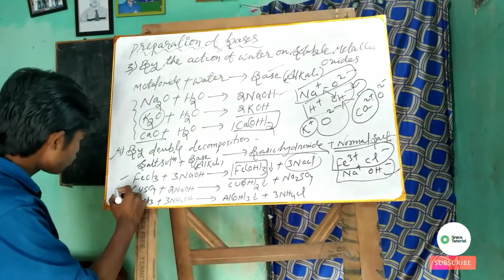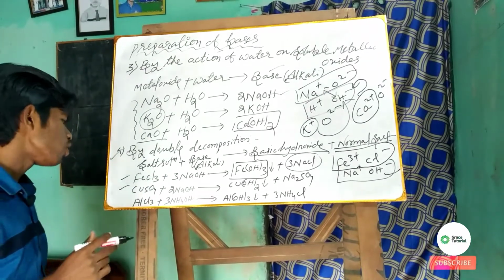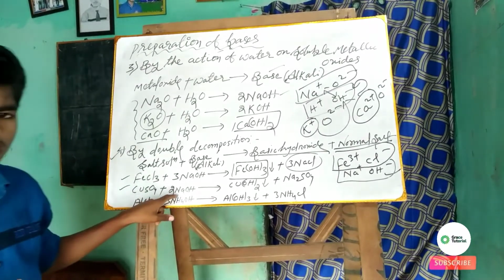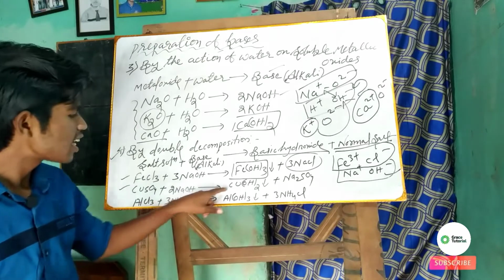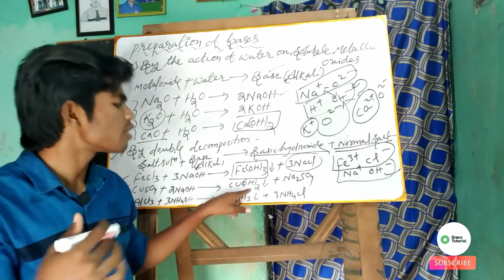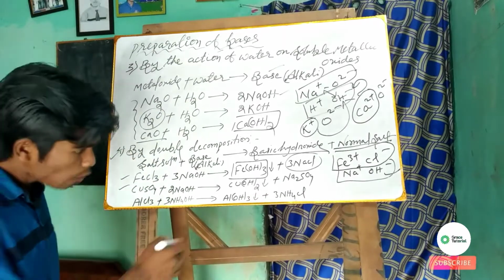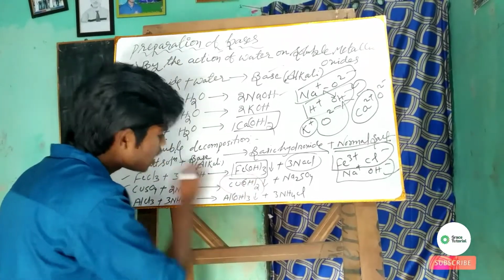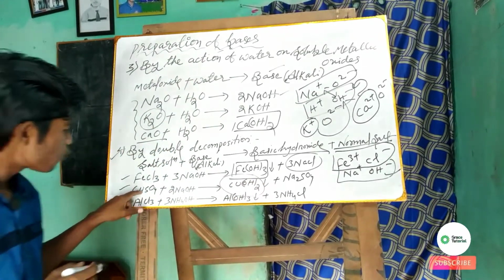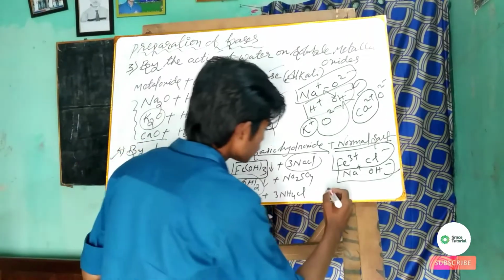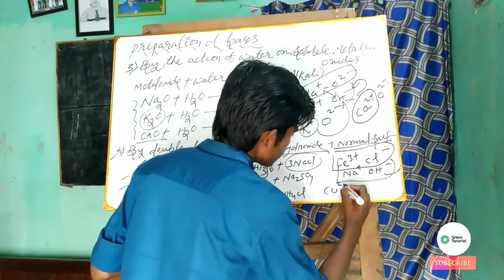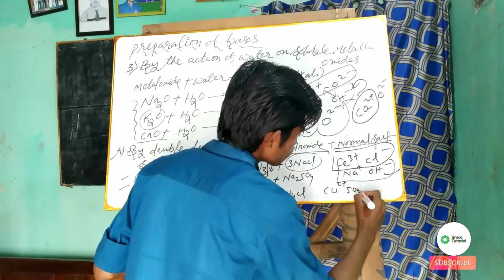Similarly, we have another example, that is copper sulfate. When this copper sulfate reacts with sodium hydroxide, it gives copper hydroxide, which is a precipitate, with sodium sulfate, which is a salt. But we need to understand how this copper hydroxide is formed. If you dissociate CuSO4, you will get Cu2+ and SO4 2−.